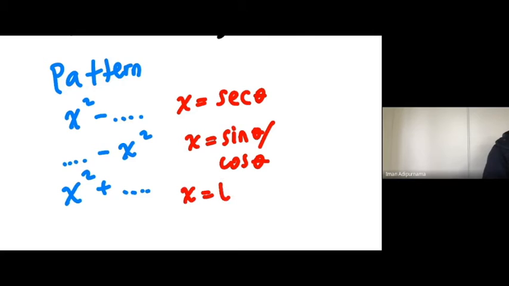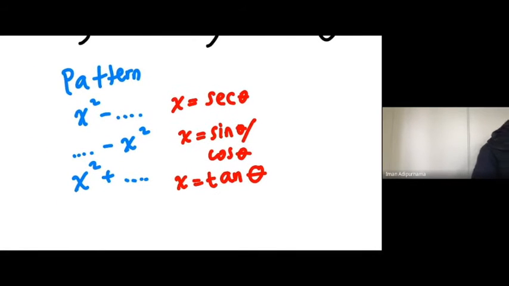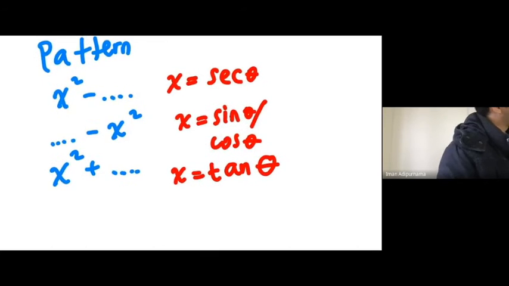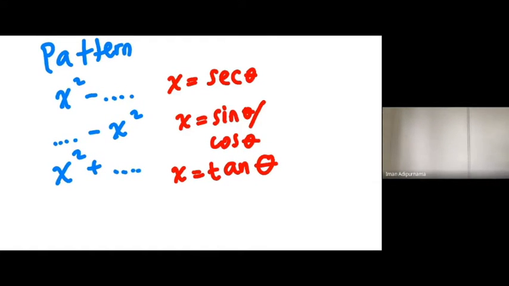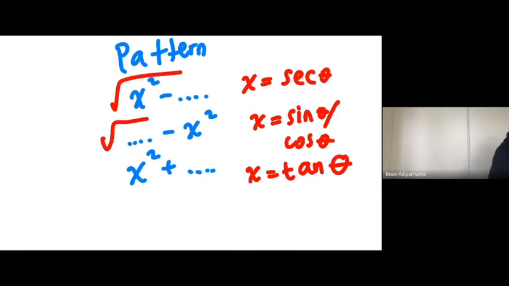And this should be tangent. Okay, only three possibilities. Okay? Whenever you see the form, it should be inside the square root.